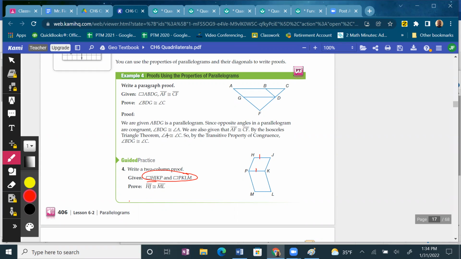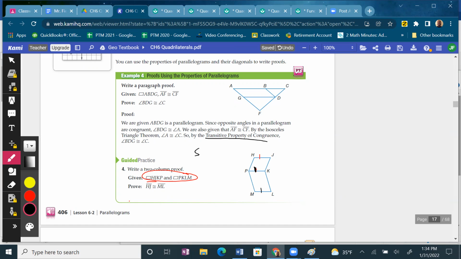So I wonder if you can see what I can see. They're both connected to PK. HJ is congruent to PK because opposite sides are congruent. Alternatively, PK is congruent to ML because opposite sides are congruent. And if they're congruent to the same thing, then by transitivity, they're congruent to each other. So the plan is to use the transitive property just like they did in the example.